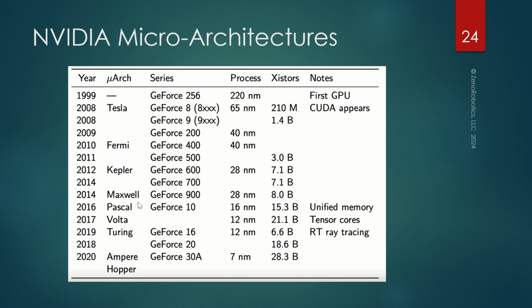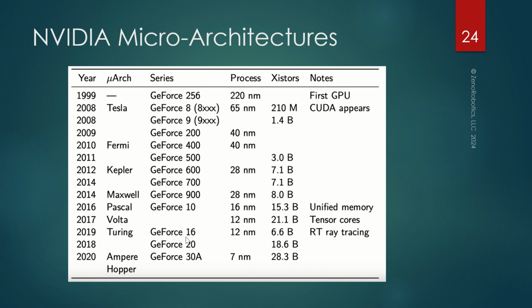And so you kind of know what version of CUDA is running and such. There's actually a lot of information you can get from it. But you can see that, of course, the fabrication process has continually changed, got smaller and smaller, hence more transistors per unit area, and so you go from 210 million to 28.3 billion transistors in the Ampere.